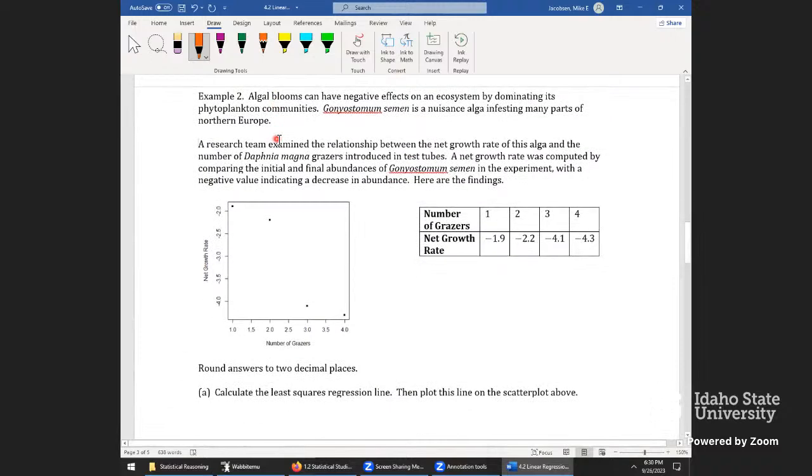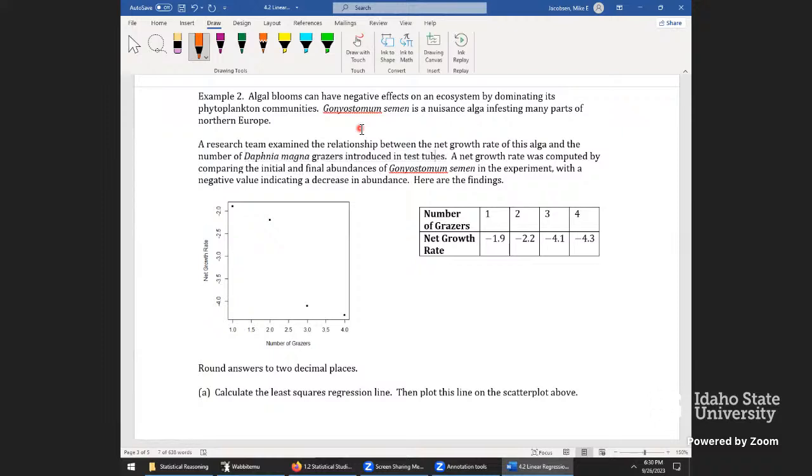And so in order to control this particular algae, I'm not even going to try to pronounce that scientific name, this is what they did. A research team examined the relationship between the net growth rate of this algae and the number of these things. These are what eat the algae, thereby hopefully controlling it. I'll just call them the grazers.